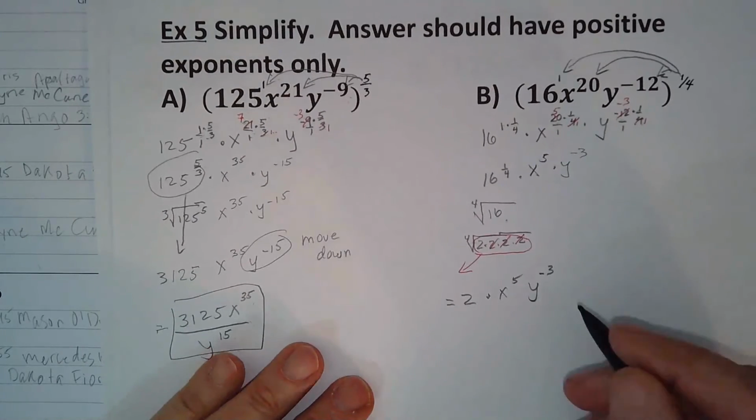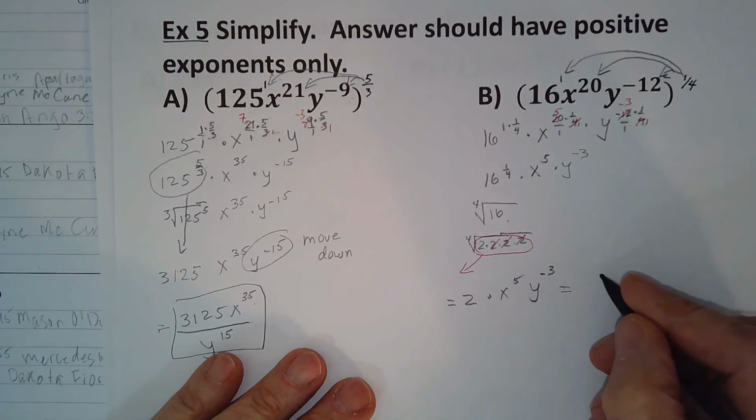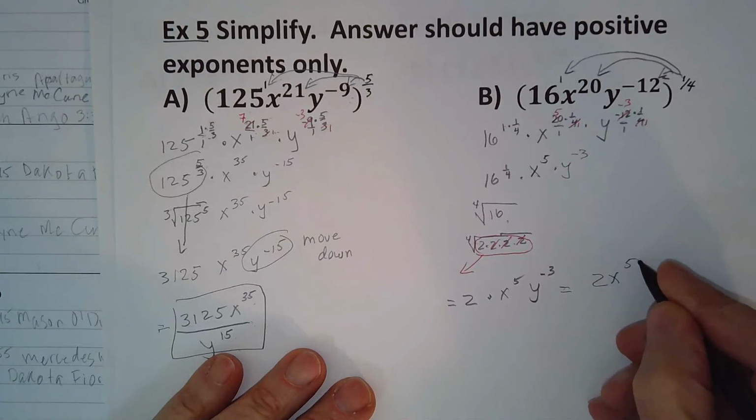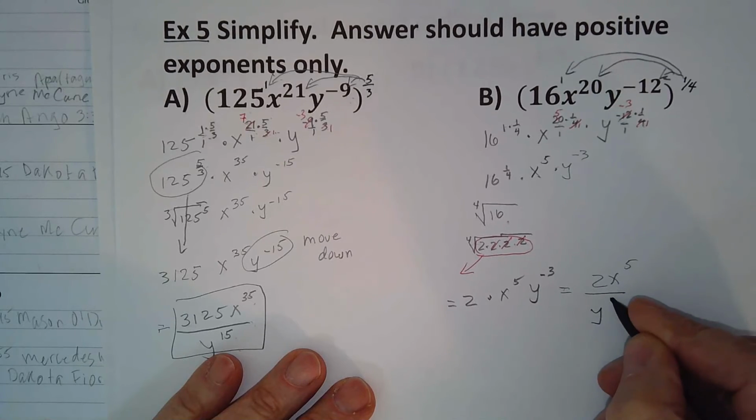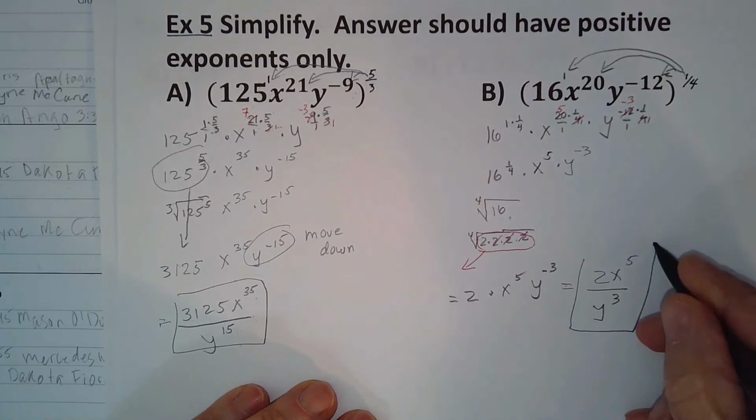All right, and then we're going to move the y to the negative 3 down, so this becomes 2x to the 5th over y to the 3rd. And we now have our answer.